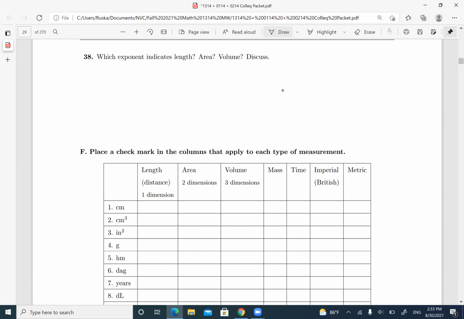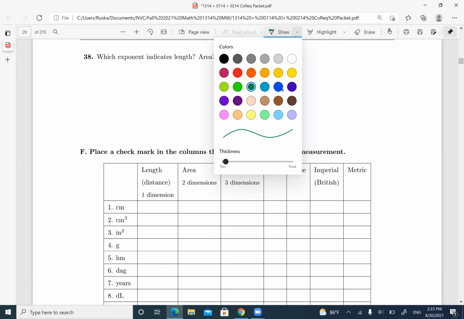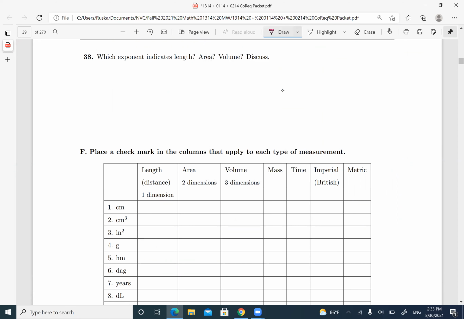Which exponent indicates the length? What is the exponent for the length? The exponent 1, right? For area, what is the exponent? Square, right?